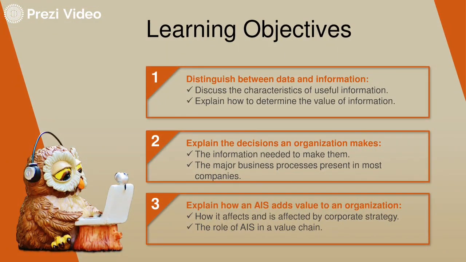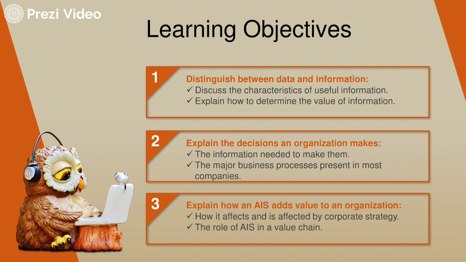So the first learning objective is to distinguish between data and information, discuss the characteristics of useful information, and explain how to determine and value the information. The second learning objective is to explain the decisions an organization makes and the information needed to make them, and the major business processes present in most companies.